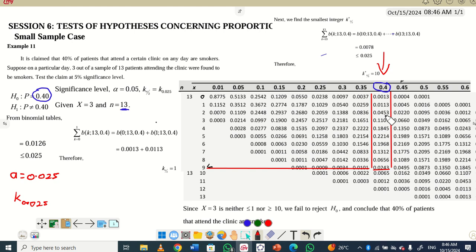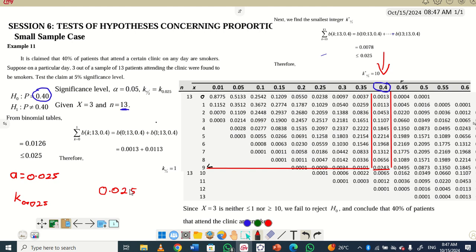This 0.0453 is greater than the alpha value, because our alpha value is supposed to be 0.025. So we are supposed to read from the top till where we see a value greater than this.